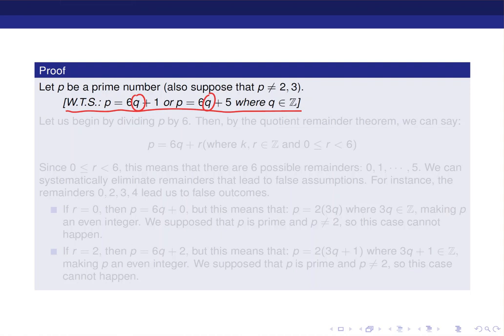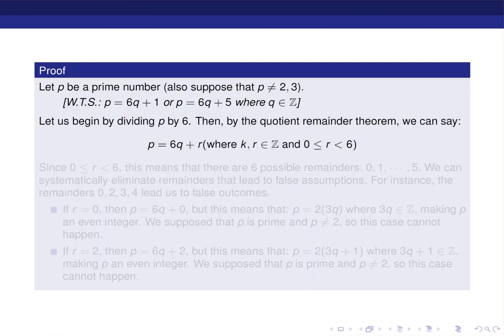And keep in mind that the prime number is not allowed to be 2 or 3. So I'm going to suppose that the prime number is not the number 2 or the number 3. Dividing it by 6, the quotient remainder theorem gives me that the remainder has 6 possibilities: 0, 1, 2, all the way to 5.